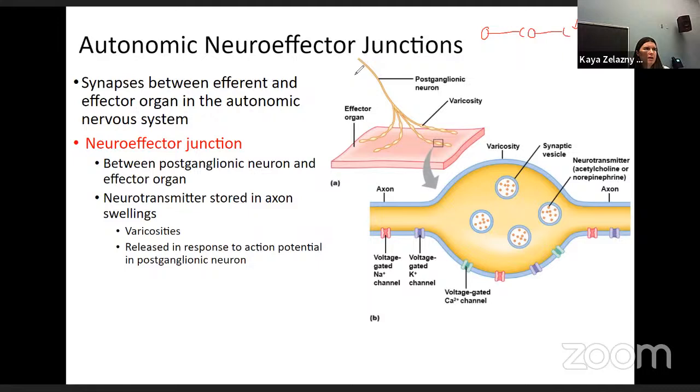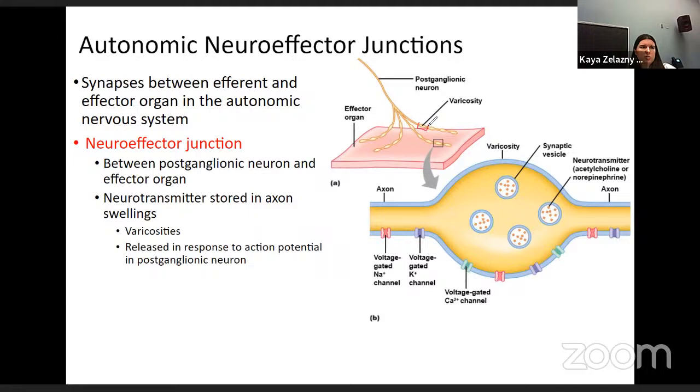When we're talking about the autonomic nervous system and its neuroeffector junction, neuro because of the neuron, effector because of the effector organ, we're going to see this structure called a varicosity. When we were talking about our neurons before, we thought about the axon terminals as a place where they're releasing their neurotransmitters. Now we have a slightly different structure.